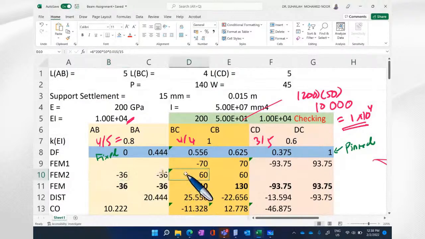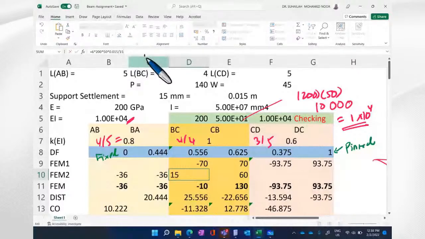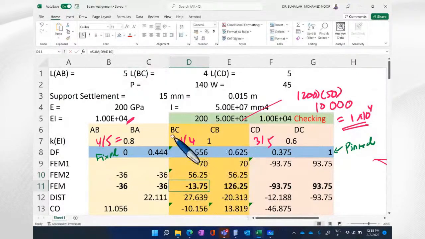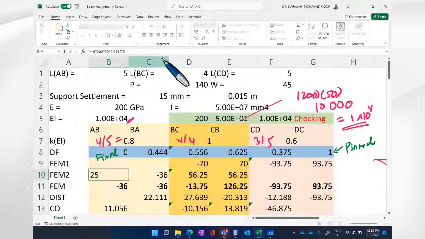And then we have another one, 6EI delta over L squared. Typo just previously, so now it is negative 36 here, because the 25 represents L squared.